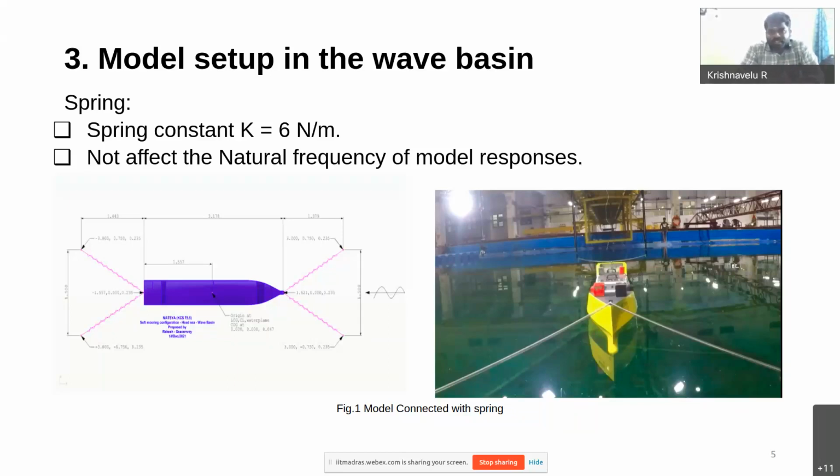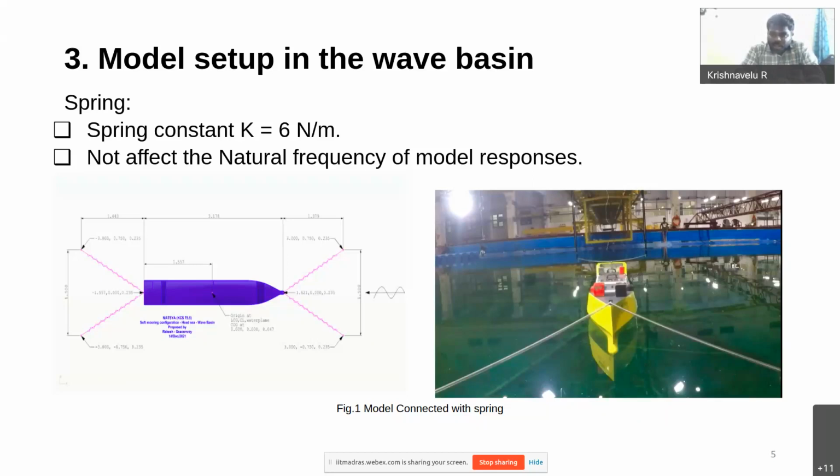Before the test, we had already made three sets of springs: one is 3 Newton per meter, another is 6 Newton per meter, and the last is 9 Newton per meter. We conducted the roll decay test with spring and without spring.